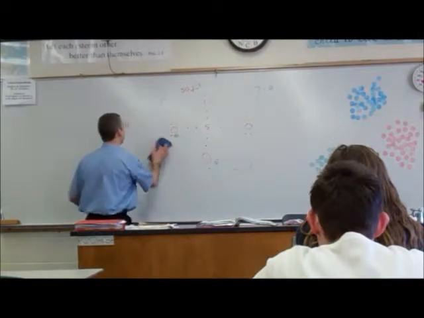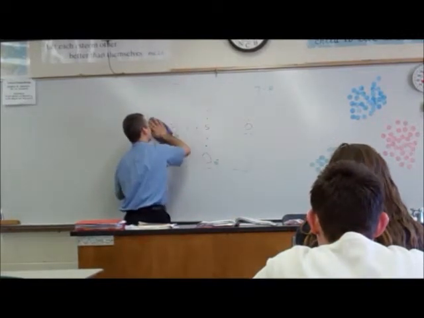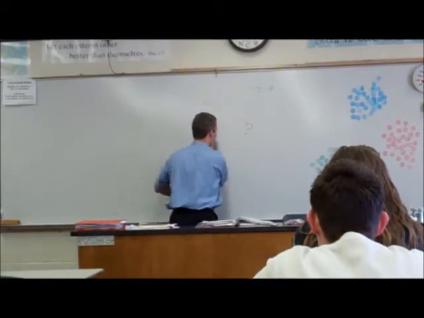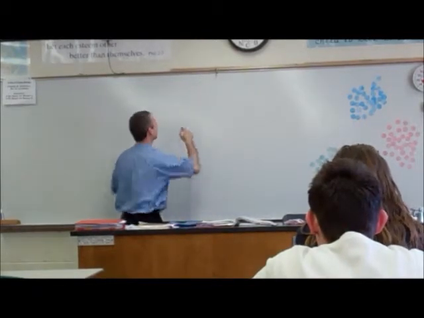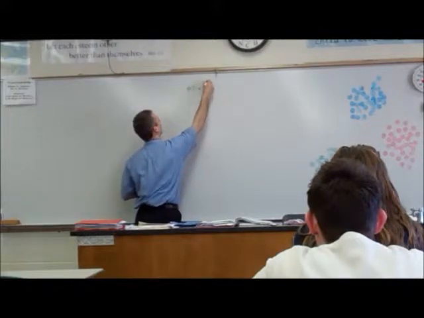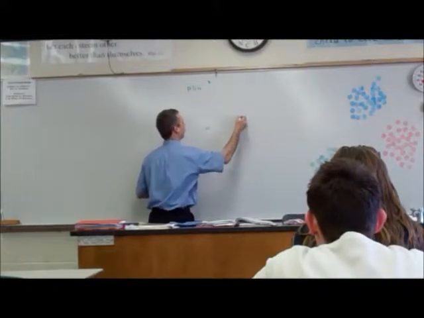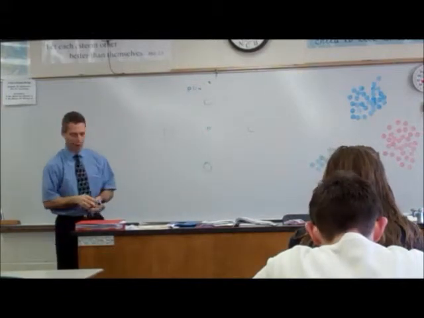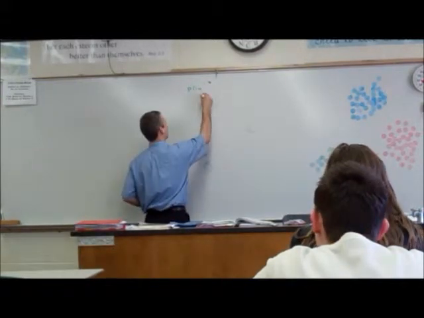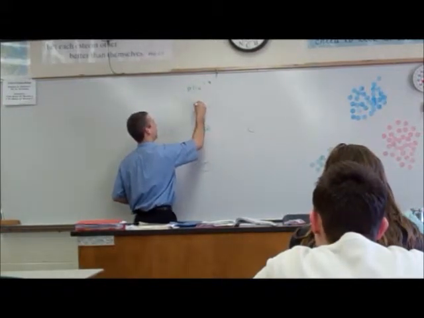PO4 -3. Phosphorus in the center, oxygens on the periphery. Oxygens have 6 electrons. We're going to quickly show those again.